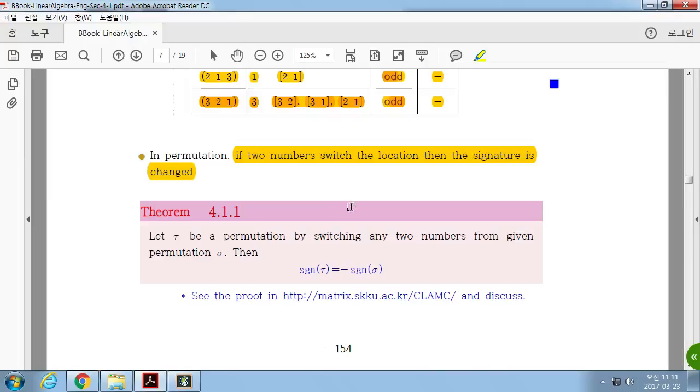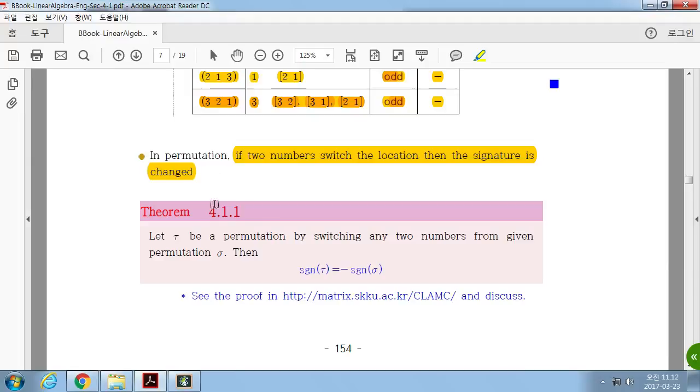The number of inversions will be changed by an odd number. If they are adjacent and you switch them, then only one more inversion is added or subtracted. If they are far away, then you will also find the pairs of the permutation change.